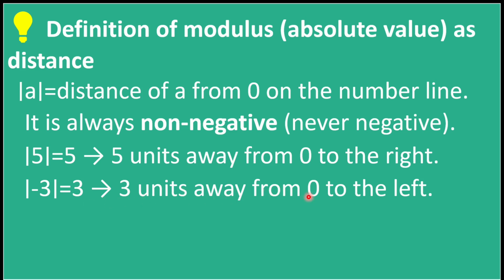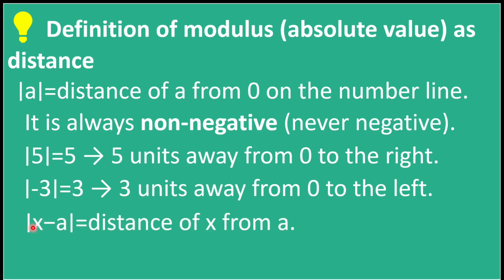So although both, positive or negative, come out positive, because it is distance and you cannot tag distance as negative, the meaning is different. If you have a positive value, it is on the right side of 0, and if you have any negative value, it is on the left side of the number line.